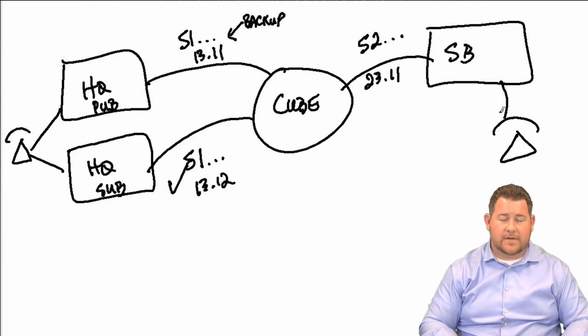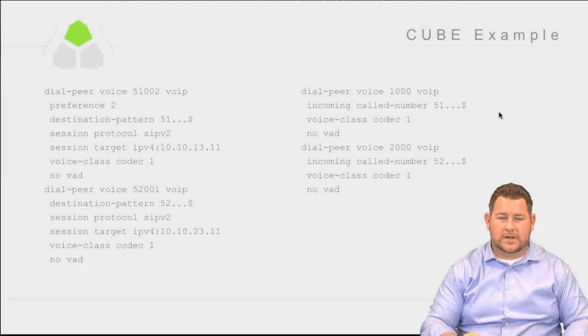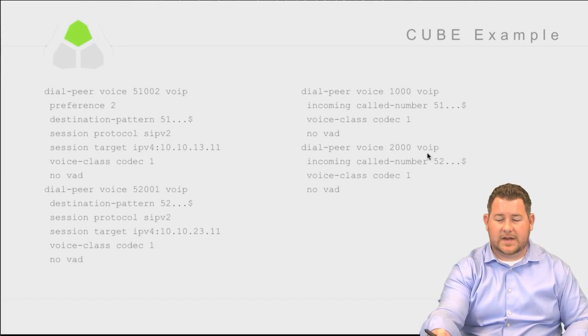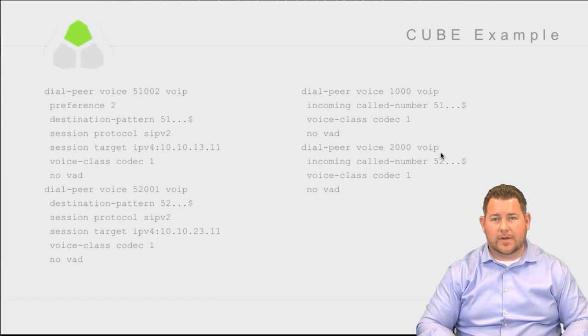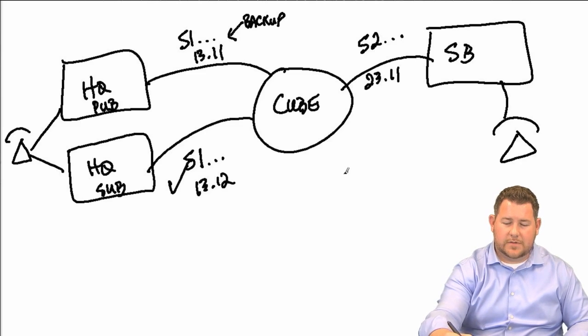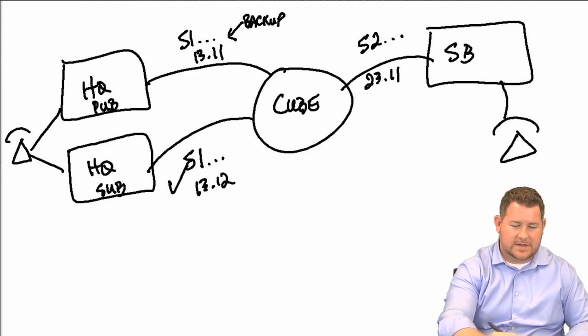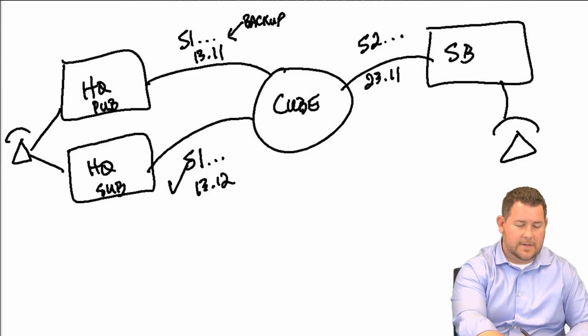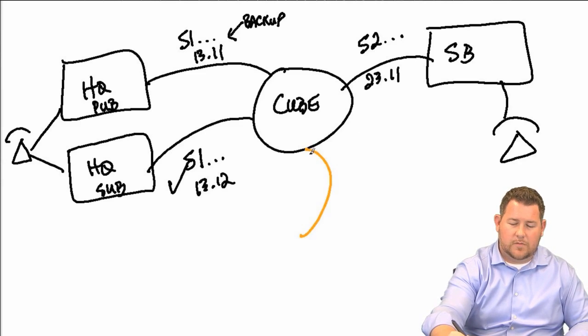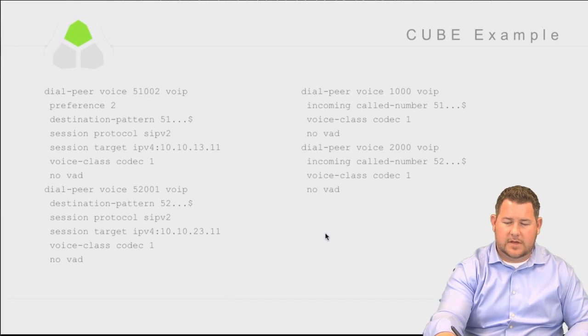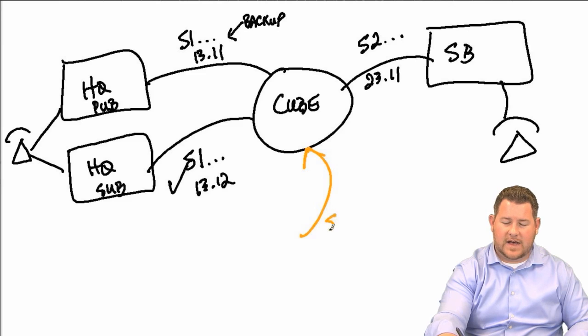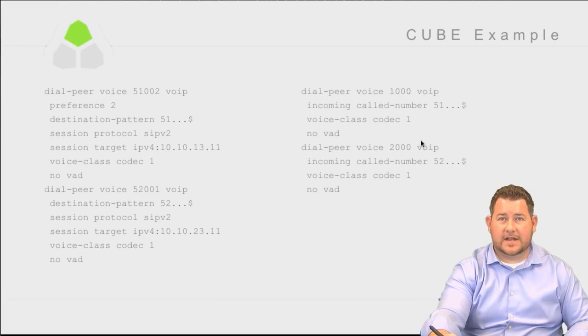So in addition, I forgot to draw the other dial peers here. We have dial peer voice 1000 and 2000. So that's going to be your incoming called number. As numbers come into CUBE, and let me draw this as not coming from a specific device here, wherever they're coming from, if that called number is 51 ... then it's going to apply these settings, voice class codec 1 and no VAD.